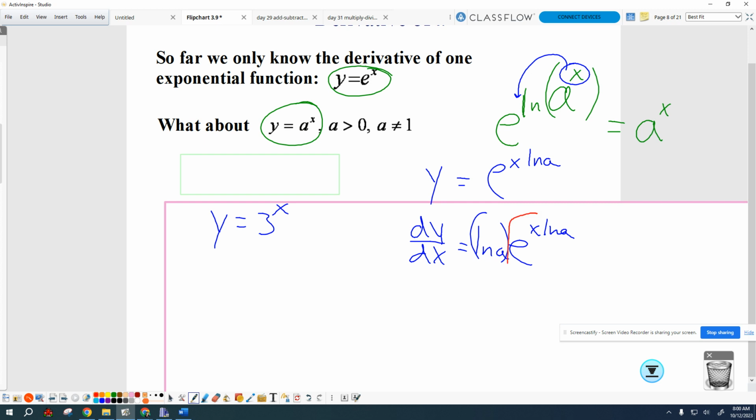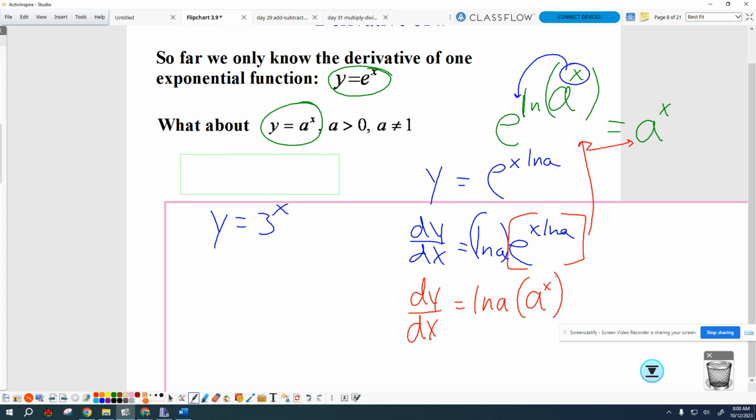But Eitan, from the beginning, what did this equal? It equaled a to the x. So the derivative pattern for these guys is natural log of a times a to the x.